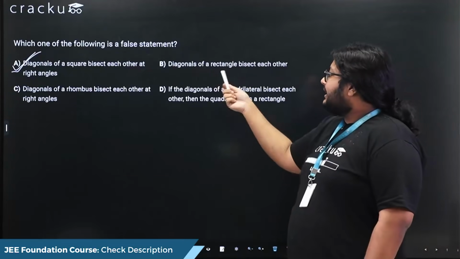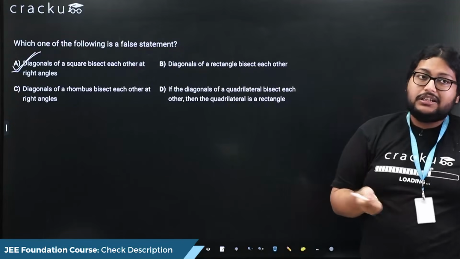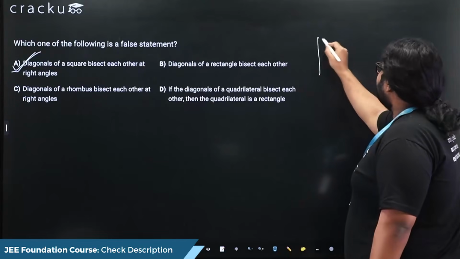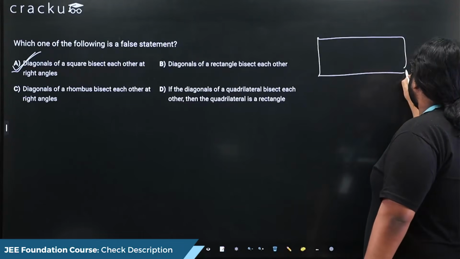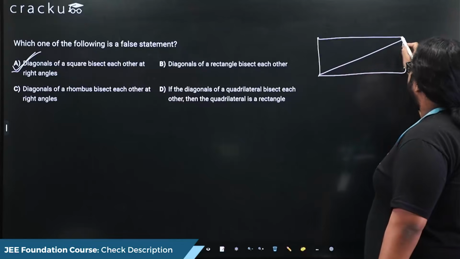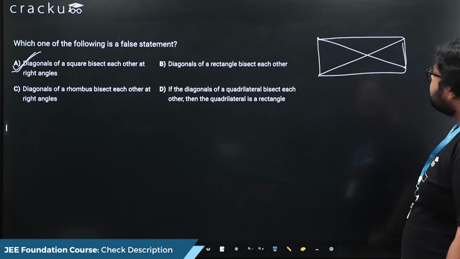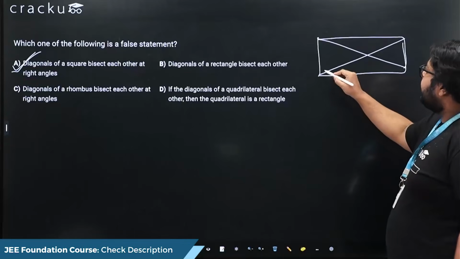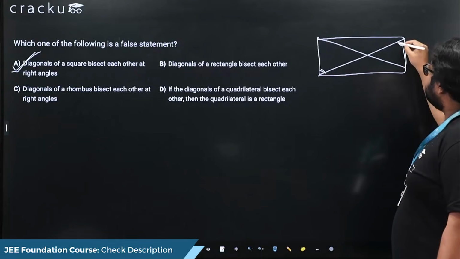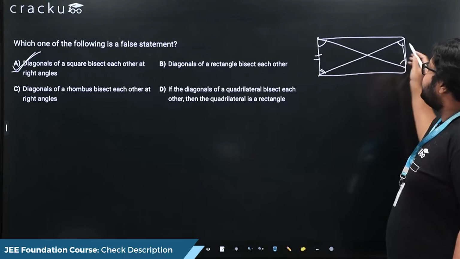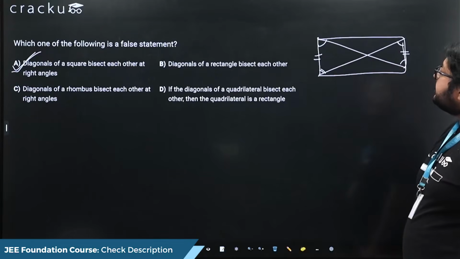Next, if I say diagonals of a rectangle bisect each other, this is also a true statement. If I consider a rectangle like this, let's say these are the diagonals. What I can do is, similar to the square, I can show this angle is equal to this angle is equal to this angle, and this side is equal to this side, which gives me what?